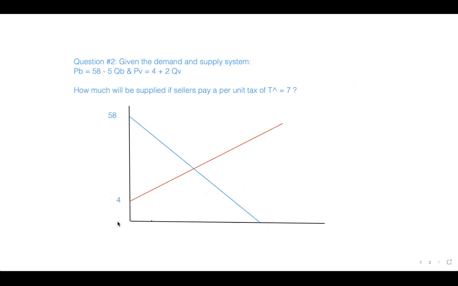Now, this time the seller is going to pay a tax of $7. How should I illustrate that?